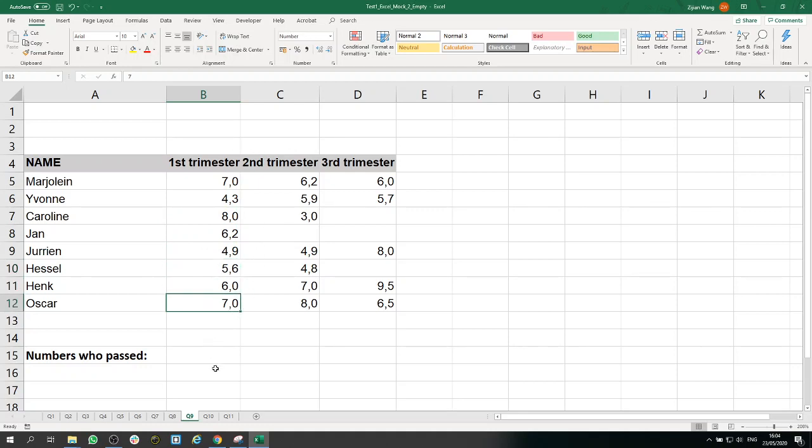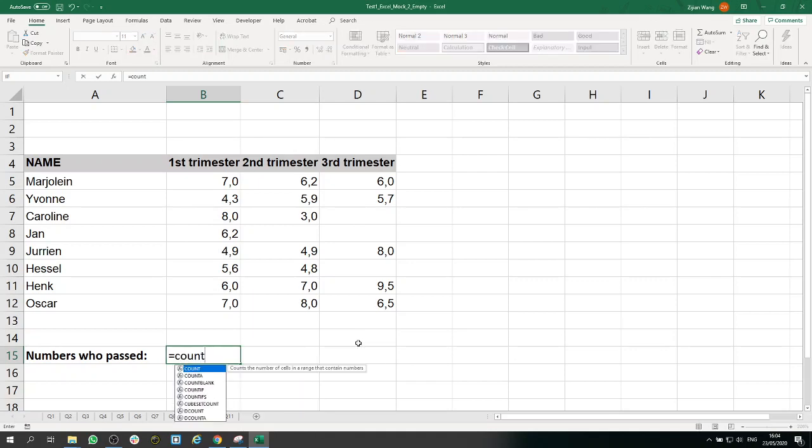But if you have a larger data set, it will be difficult. So COUNT is the right function to use. Since we also have a threshold, a criteria to be met, we add the IF. So not only COUNT, but COUNTIF.